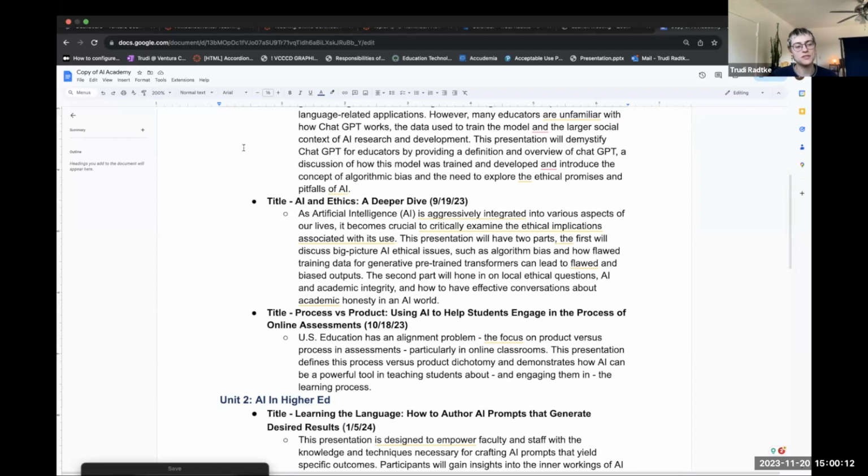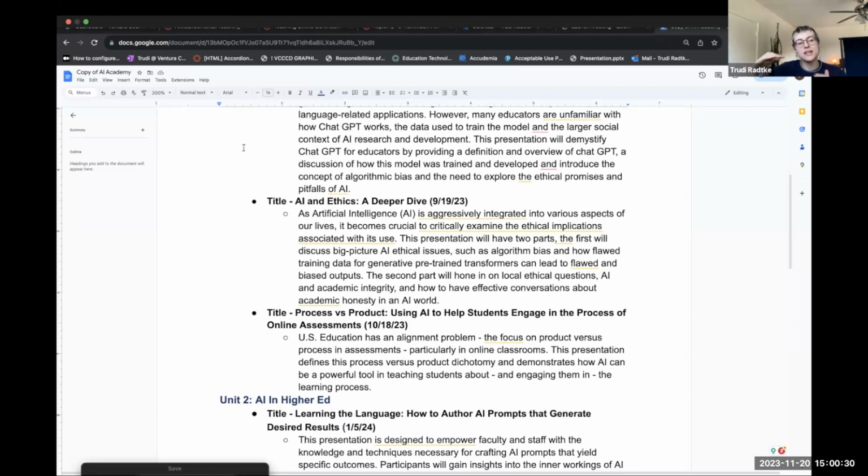The first half of the session deals with the larger ethical questions. For example, we talked about who's training the data? What are their qualifications? What's the demographic of those involved in these conversations? Why does that matter? What data is being used, et cetera.